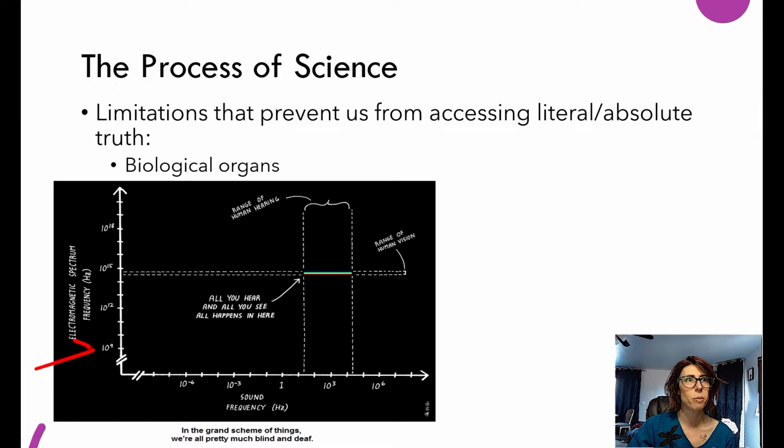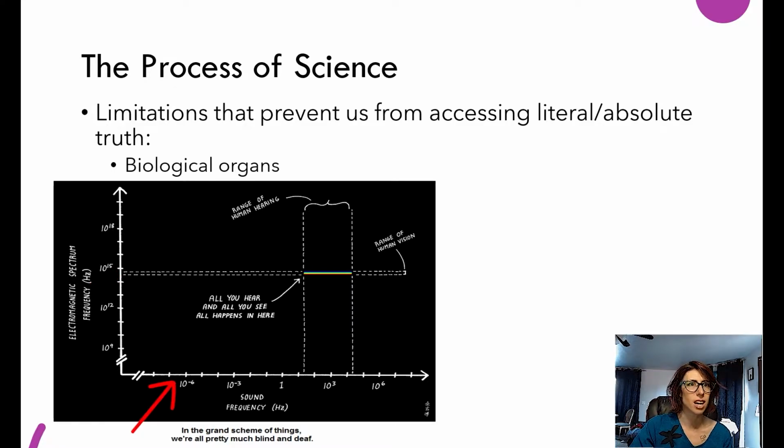And this narrow band between these dotted lines is visible light, light that we as humans can see. We can see so little of the light that's out there. There's a lot of the universe and even our own planet that we can't detect with our eyes.